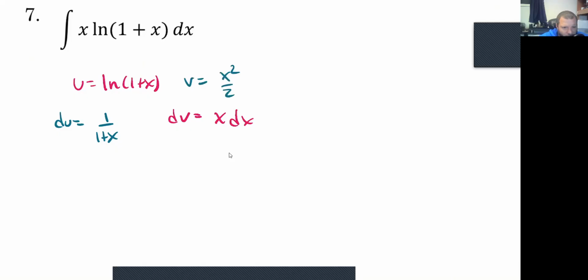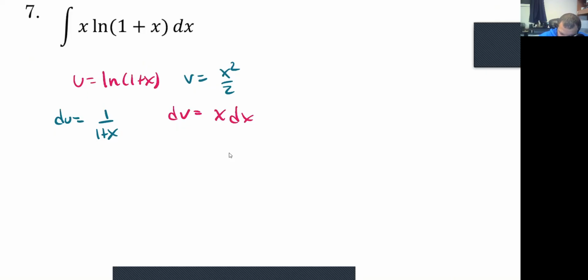All right, and so then we would multiply these things across, but we'd run into a little bit of a problem, right? We would say this antiderivative is going to be x squared natural log of x over 2 minus the antiderivative of, I'm going to pull that 1 half out, x squared over 1 plus x dx.